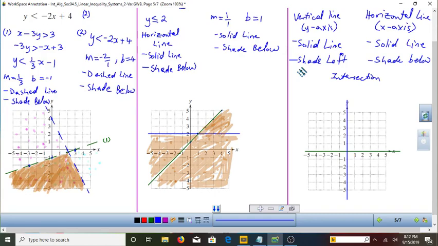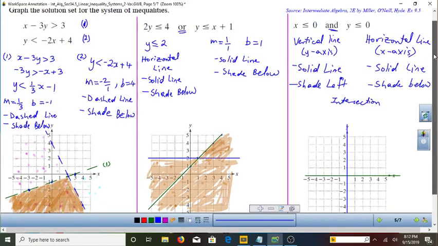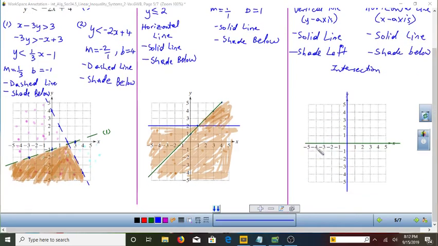And we're shading the region that's both to the left of the y-axis and at the same time below the x-axis. That's that region at the bottom left of the grid, which is this region right here. It's an intersection of those regions, so we just shade that quadrant, and that's it.